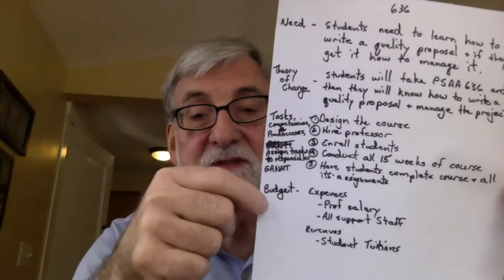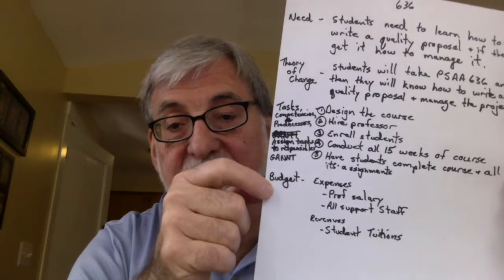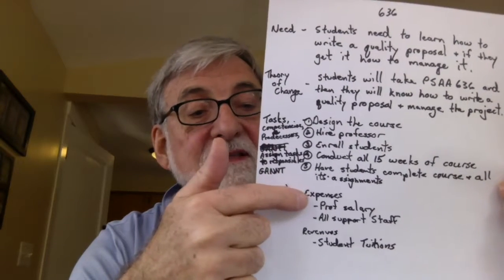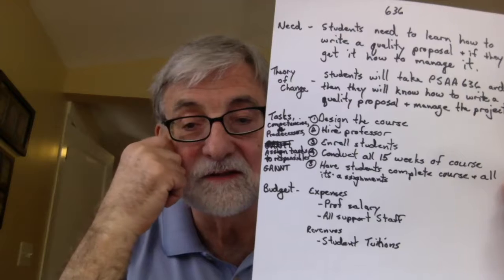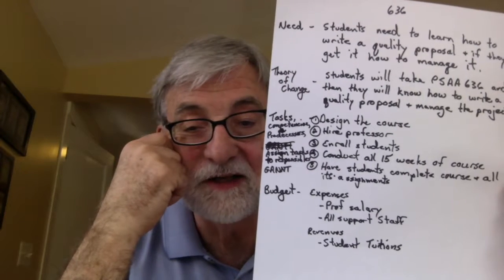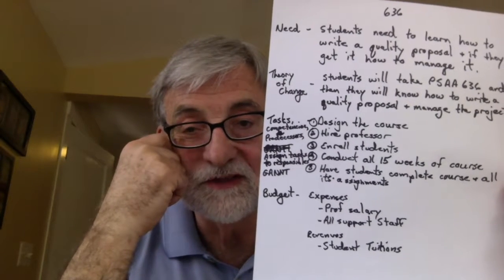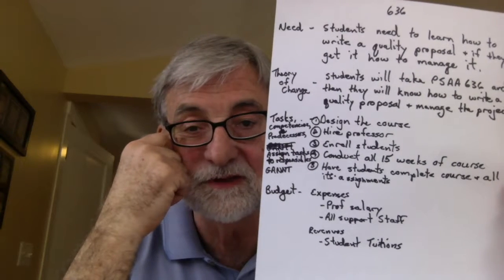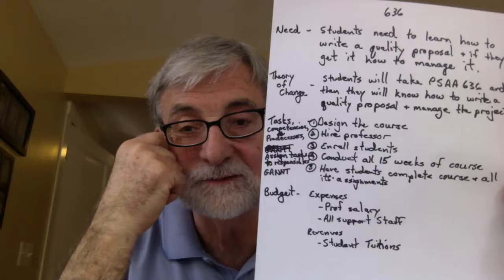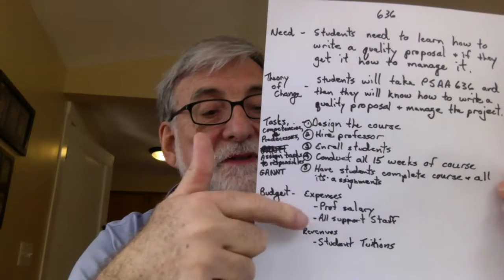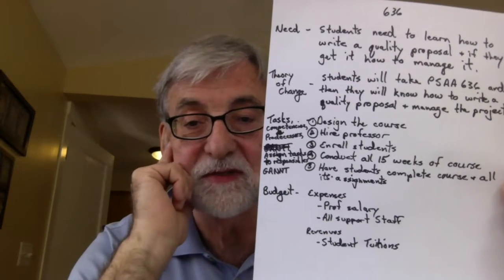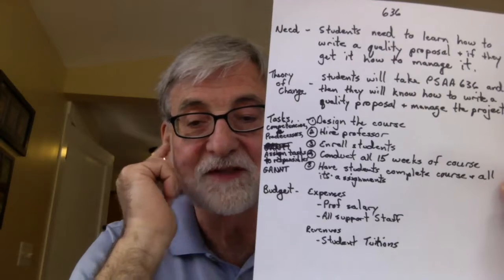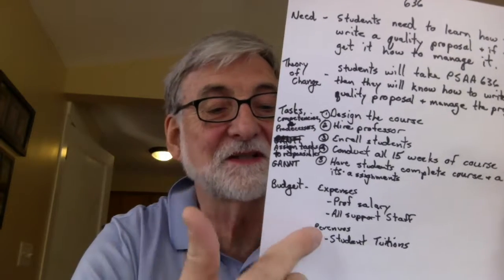Okay, now along with this project, there's obviously a budget, and there are lots of expenses. There's the professor's salary. There's all the support staff on campus who support both me and students in this course. And I'm sure there's lots of other things in there we could have listed, but I didn't do it for this exercise.